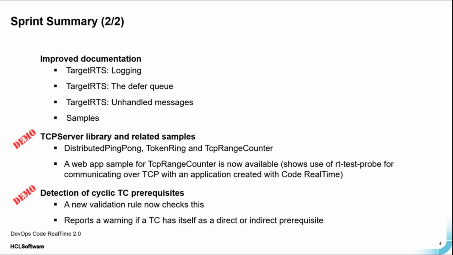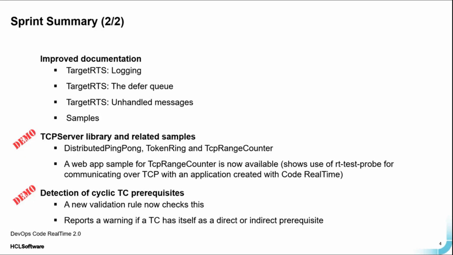So it basically allows you to do two things. One is to expose a TCP-based API where you can send JSON requests and have those requests translate into injection of events on ports on a capsule part. So that's useful and used in the TCP range counter example.